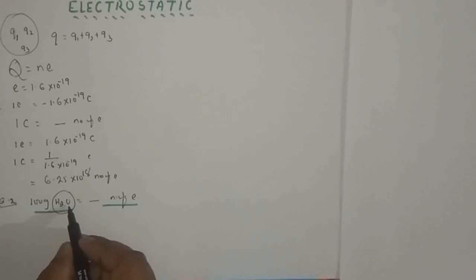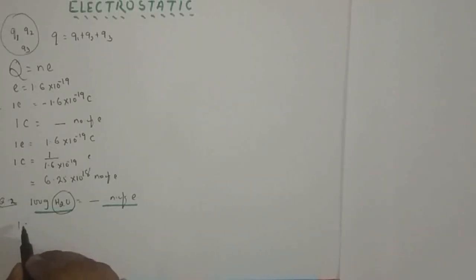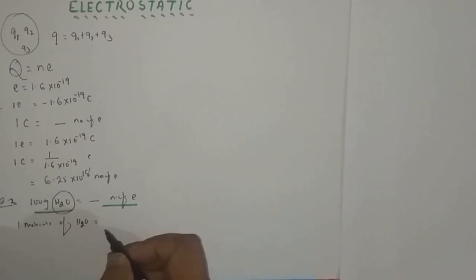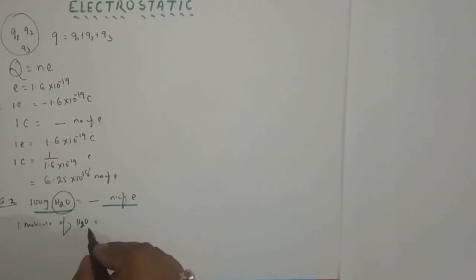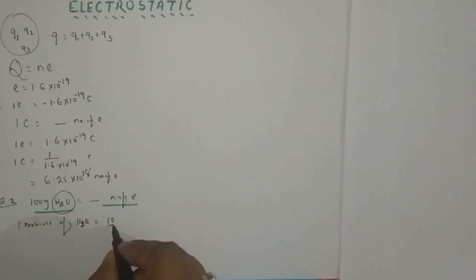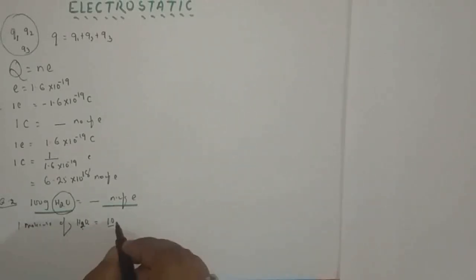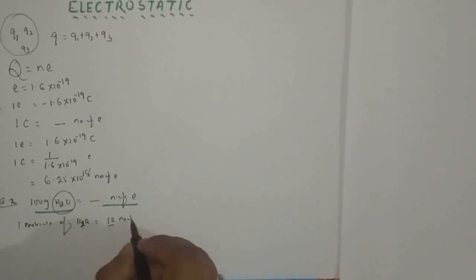So first question: in one molecule of H2O, how many electrons are there? We see how many atoms are there: 8 oxygen, 2 hydrogen. So I am telling you that 10 electrons are there.